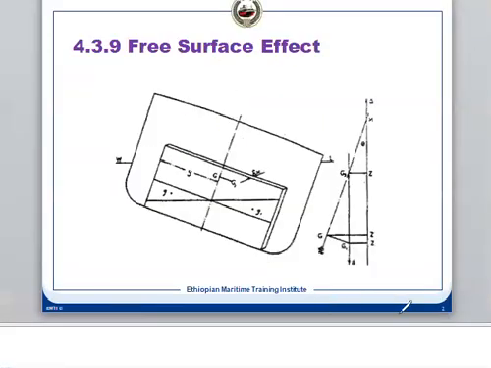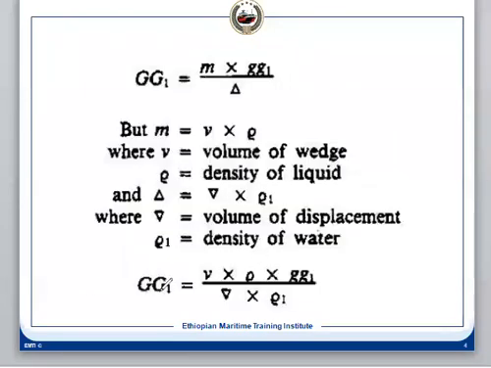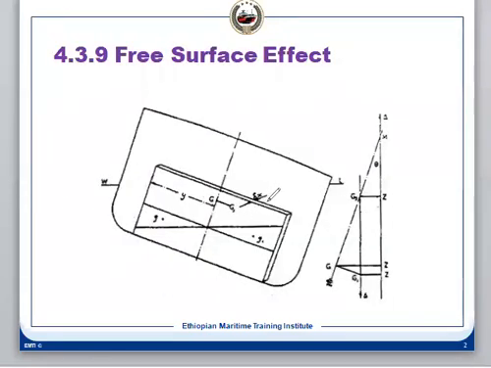In this figure, there is a change of G because of the free surface effect, and our GZ has reduced. We calculated how much volume has shifted. We took a strip. This was done in the physical class. This much volume has shifted to this side, and G has shifted from here to here.